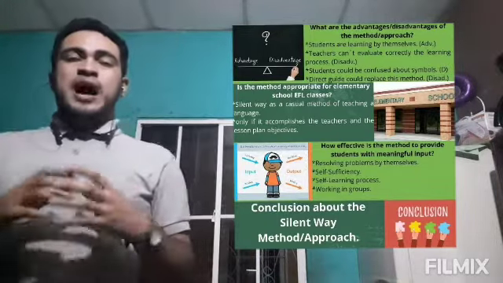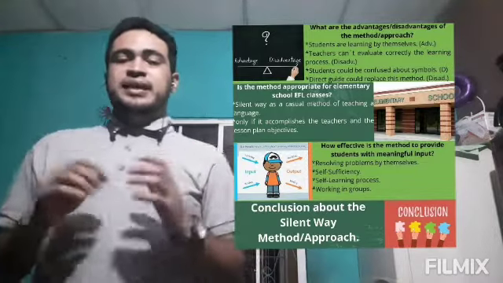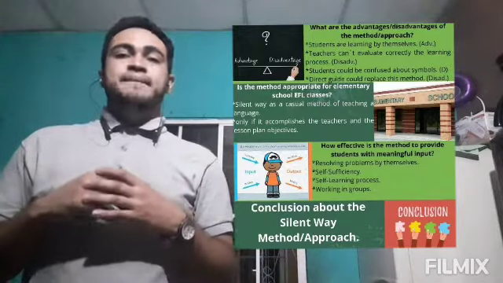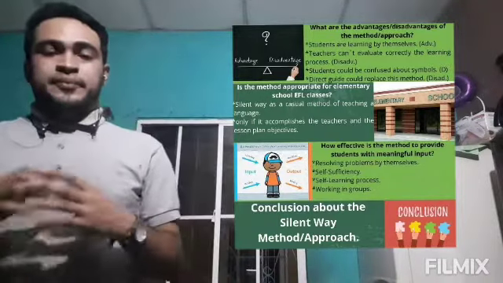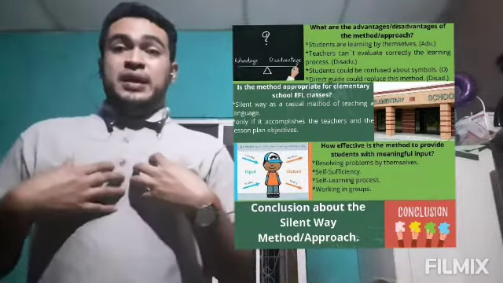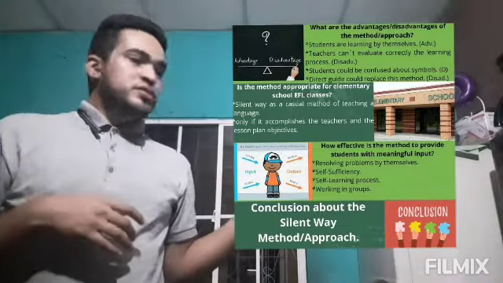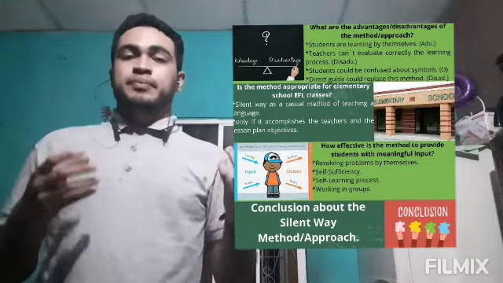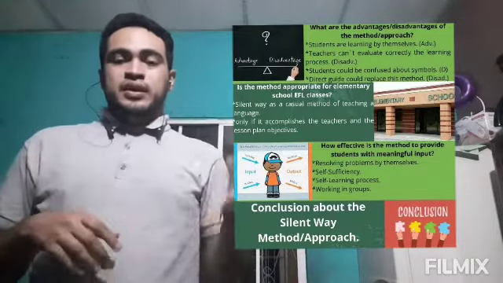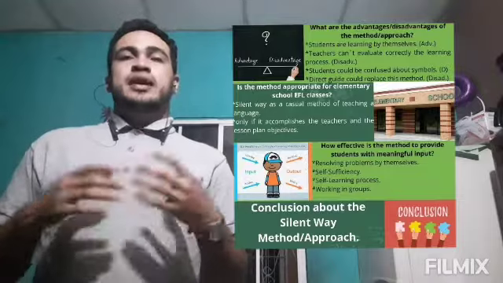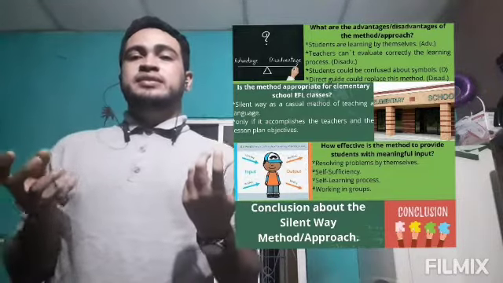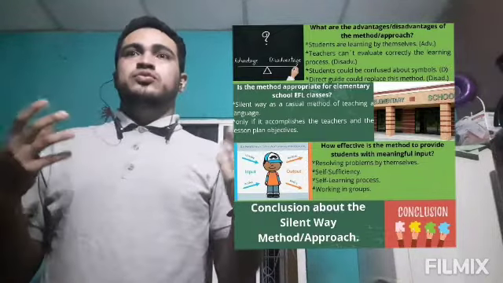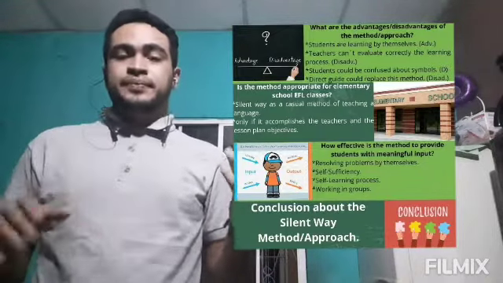And also, how effective is the method to provide students with a meaningful impact? Okay, in my personal opinion, I put these points because I take the positive things about this method. Resolving problems by themselves creates self-sufficiency to do any activity.